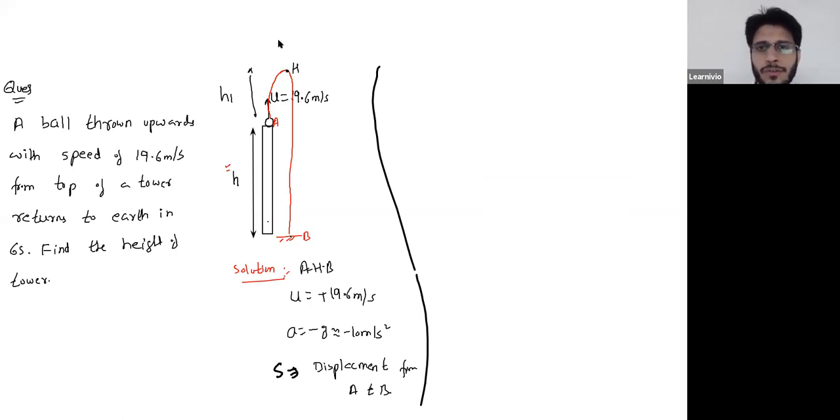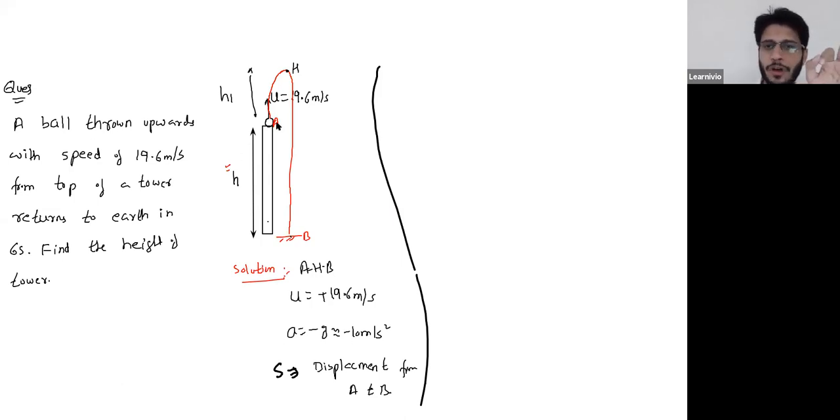Okay. So the correct answer is H. It's not H plus H1, not 0, it's H basically. See, what is displacement? The shortest path between initial and final. While calculating displacement, we don't care about the total path, the entire journey. What we care about is just the initial and the final point.